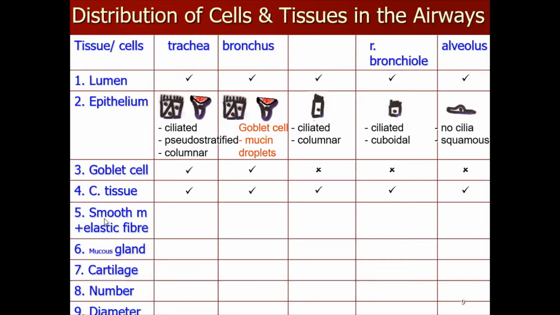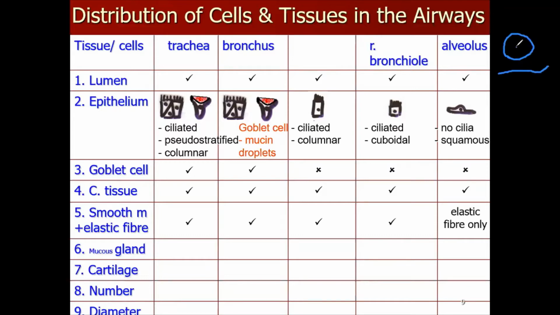Now, smooth muscle and elastic fiber can be found in all the tubes other than the alveolus. Why? Because the alveolus function is for gaseous exchange, so you don't want additional things that block the air from moving. There's no smooth muscle in the alveolus, or else the smooth muscle will add thickness to the wall of the alveolus, and the air will have to travel a longer distance to move from the alveolus.